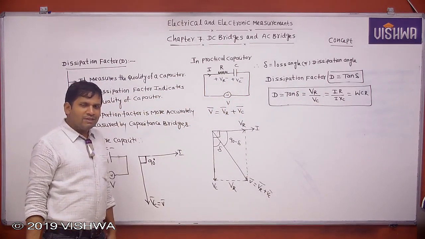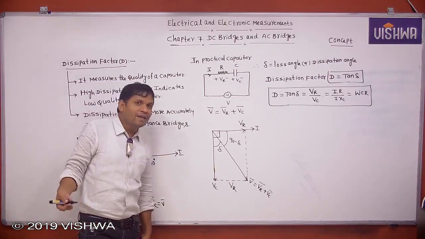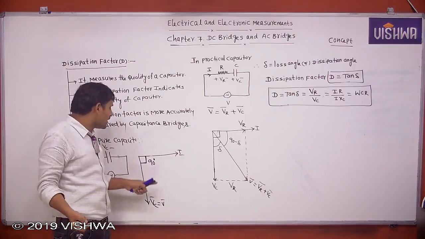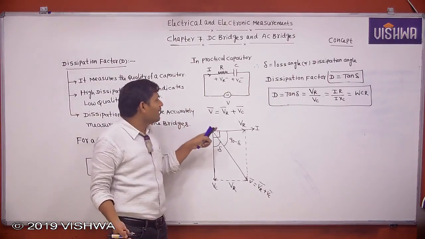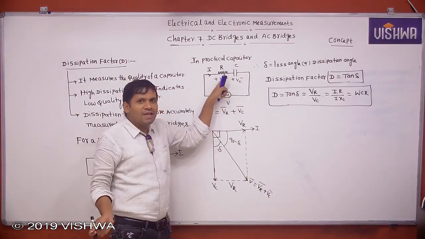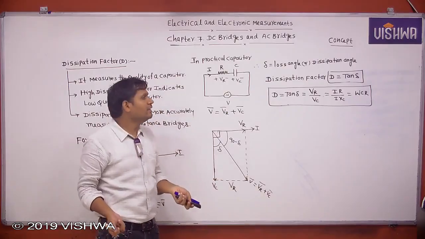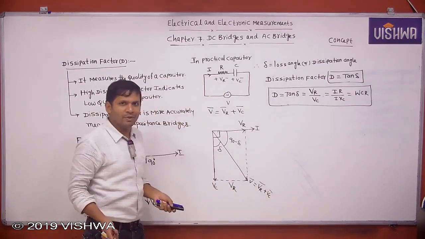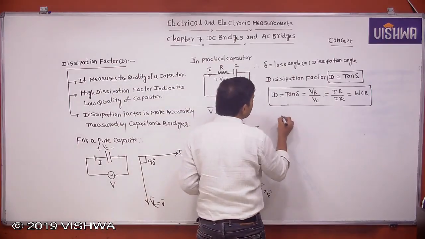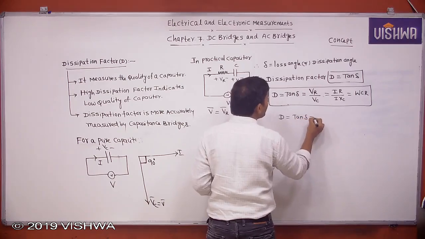Why are you getting a dissipation angle? Because of the resistance. In an ideal capacitor, delta equals 0. But in a practical capacitor, because of the resistance of the capacitor only, we get some angle. That angle is called the dissipation angle. So D equals tan delta equals omega CR.